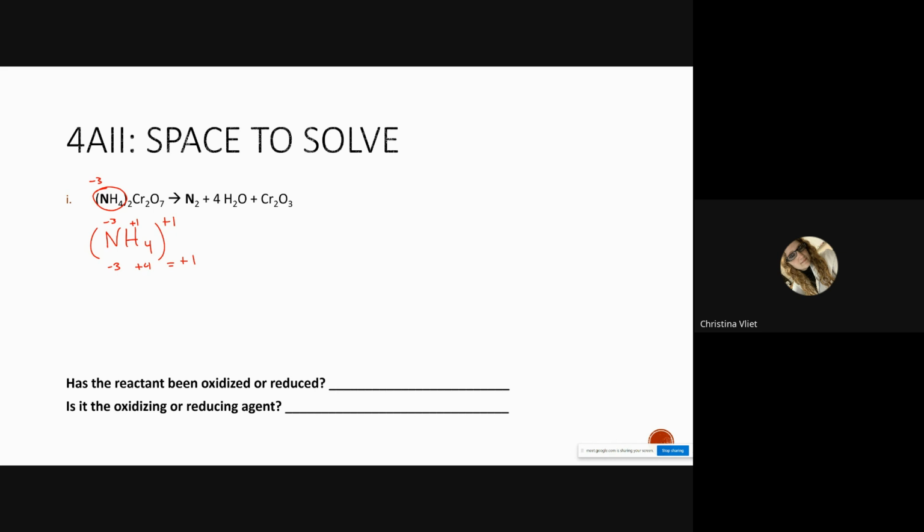On the product side? It's N2. What is it here? It's 0. So we're going from -3 to 0. Oxidation. Charge goes up.